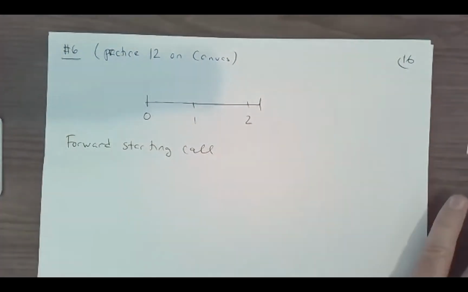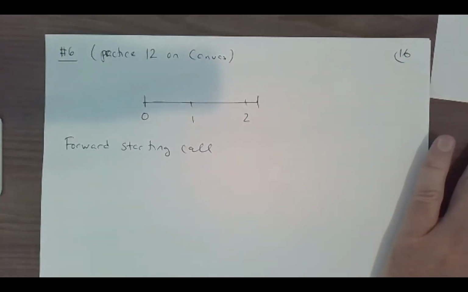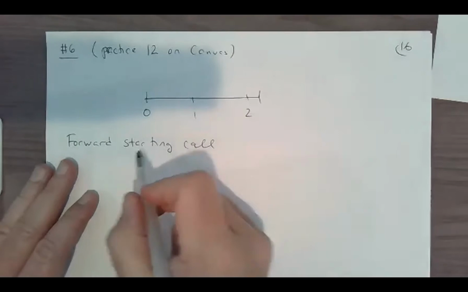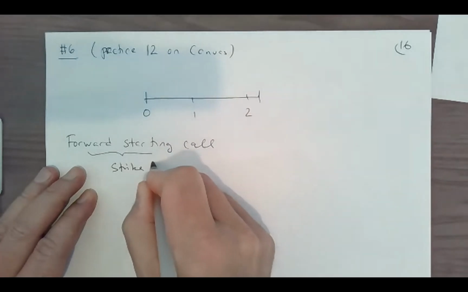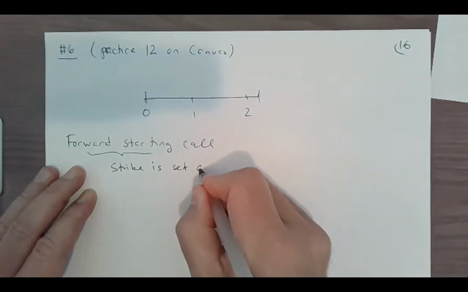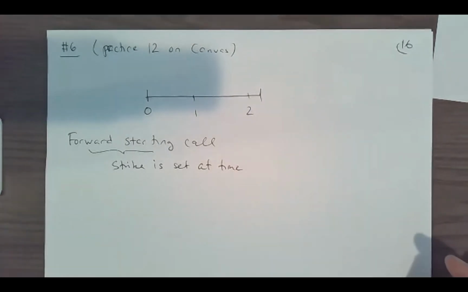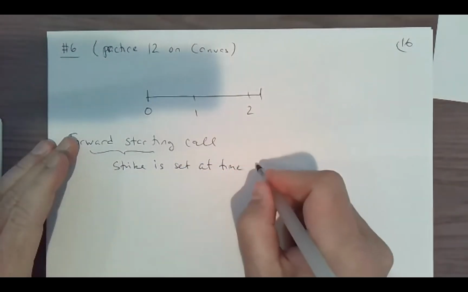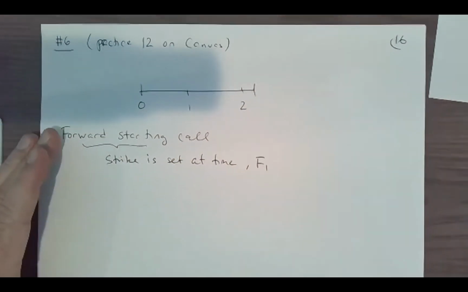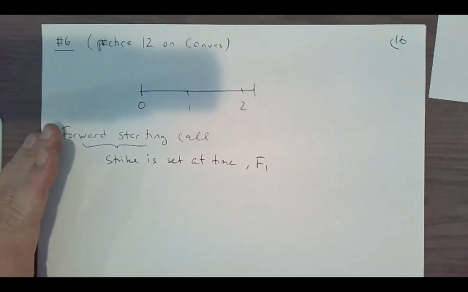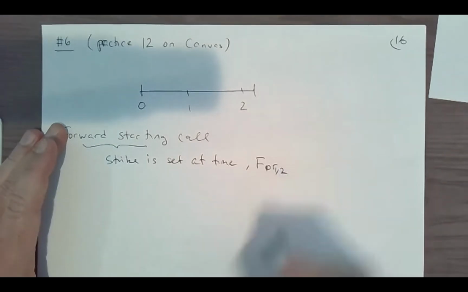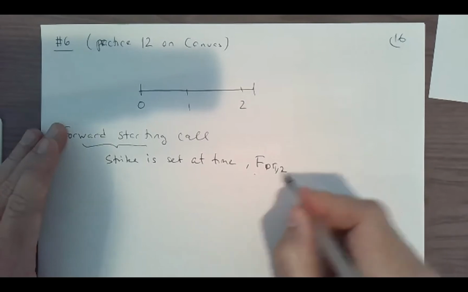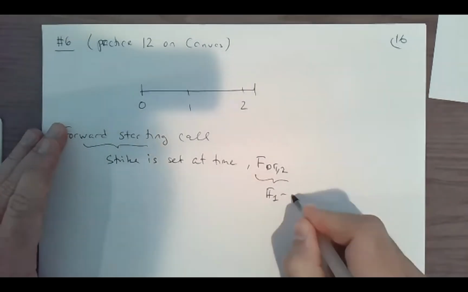Forward starting means that the strike is set at time 1, and the strike is F1. This is the forward, or maybe we call it forward 1, 2. So this one here is F1 measurable.